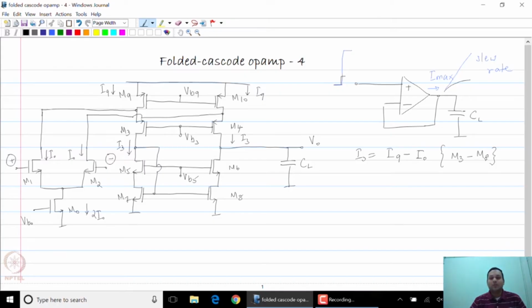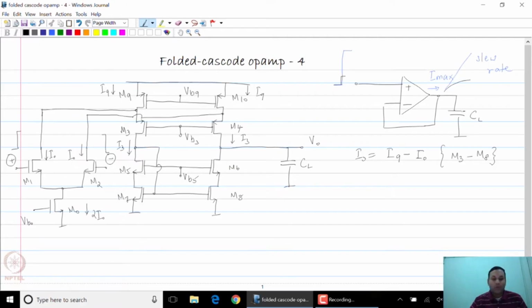Now let us assume that for this particular op-amp, we apply a very large input step. In other words, the input differential voltage has a very large step, delta VD.